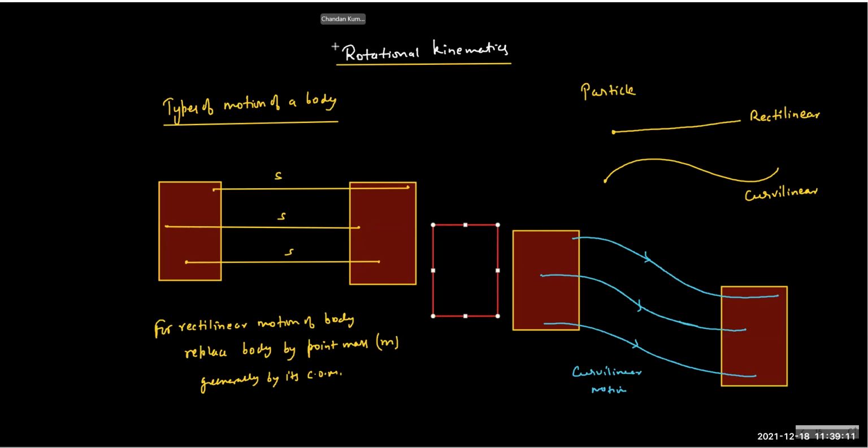So now these two we can capture under the category of translatory motion. So you can think this. The first category is called translatory motion.